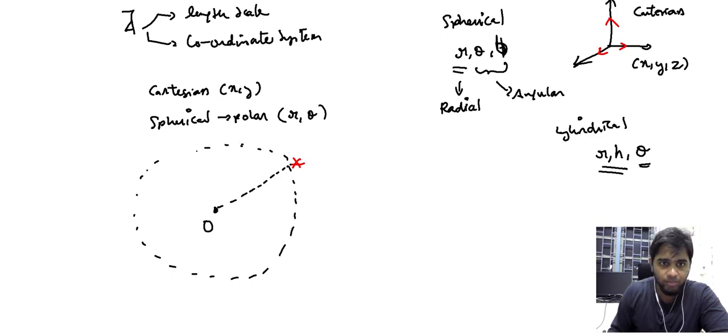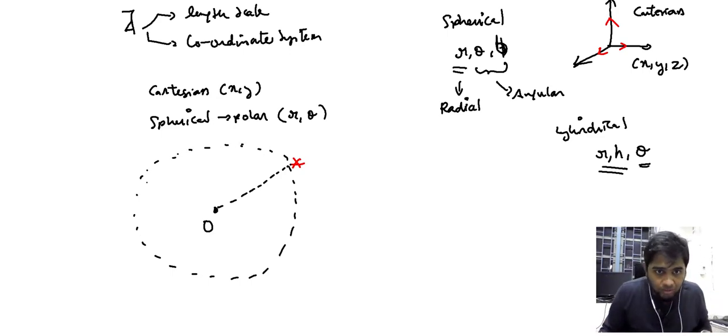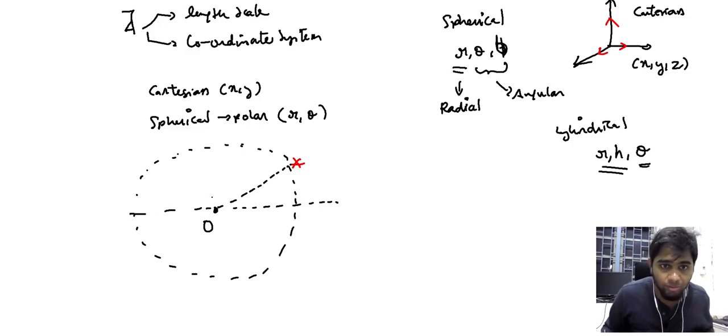To exactly describe a position, we consider how it is inclined with respect to an axis that goes through the origin, and this inclination of the point is given by the angular coordinate theta.